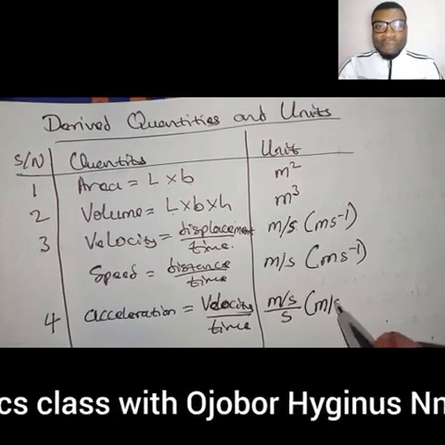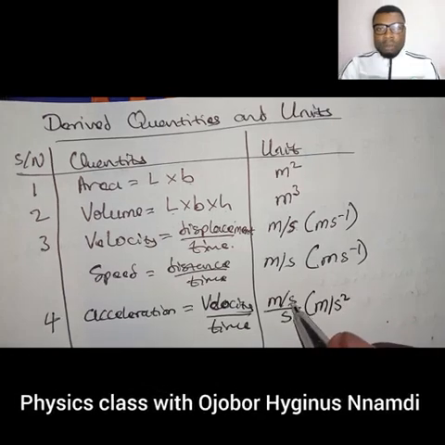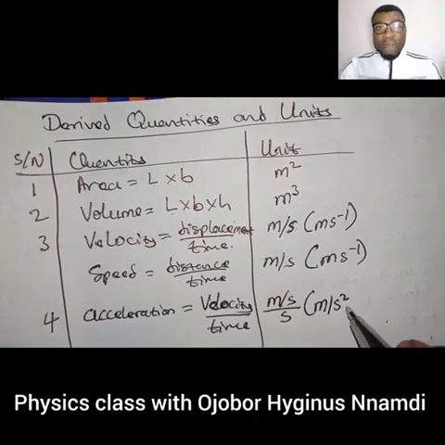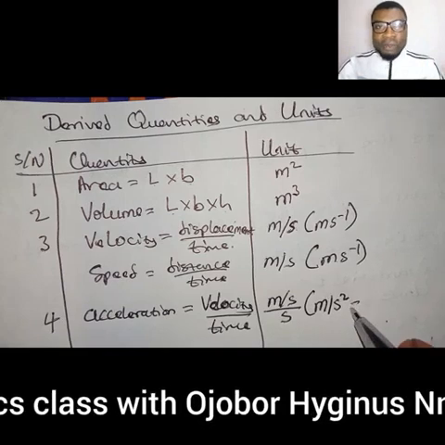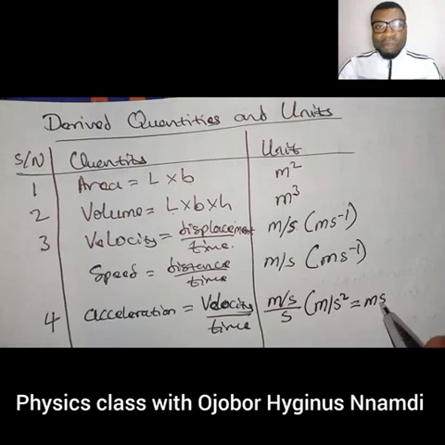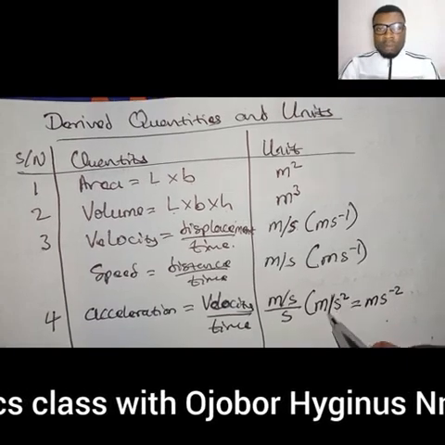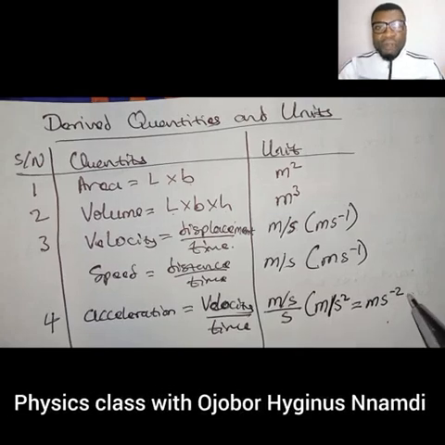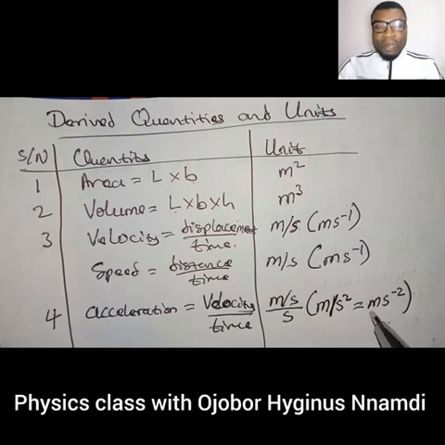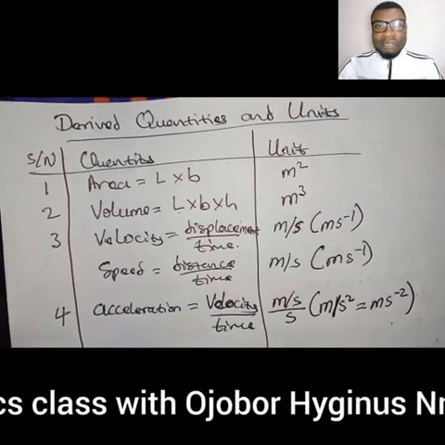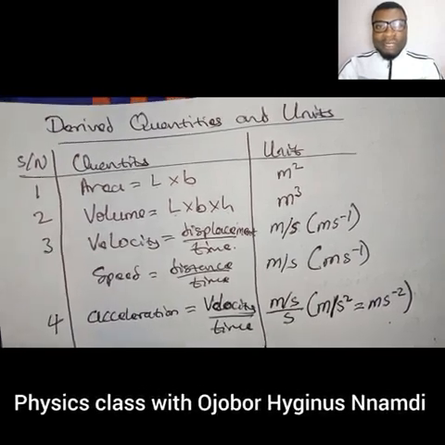Meters per second square. Because the meter over second divided by another second will give us meters per second square, which I said you can write as ms raised to power minus 2, because when you remove the division sign it will now be minus 2. So this is pronounced as meters per second square, the unit of acceleration.